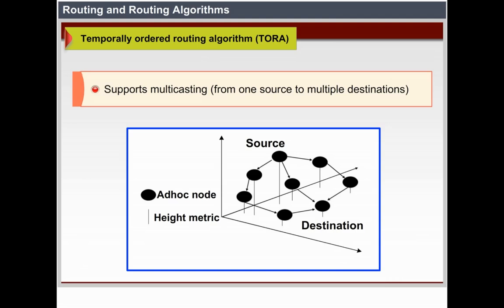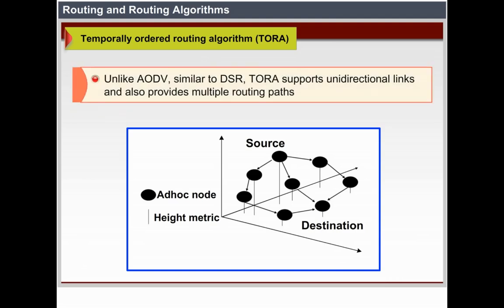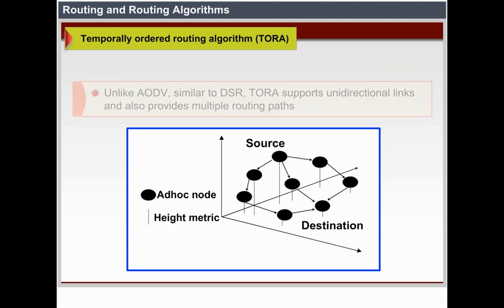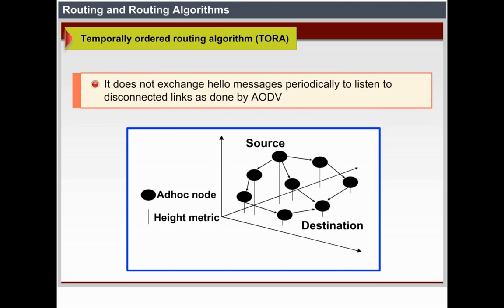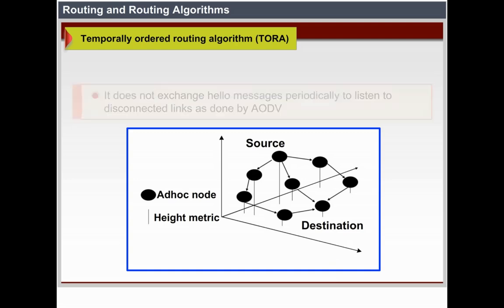It supports multicasting from one source to multiple destinations. Unlike AODV, but similar to DSR, TORA supports unidirectional links and also provides multiple routing paths. It does not exchange hello messages periodically to listen to disconnected links as done by AODV.